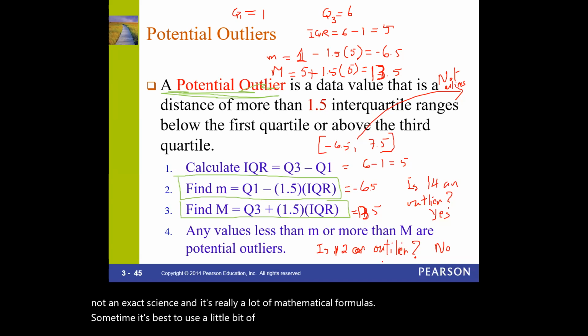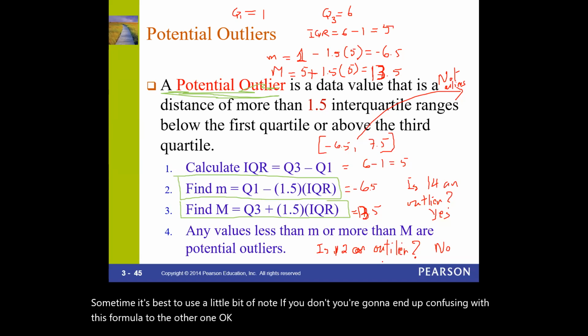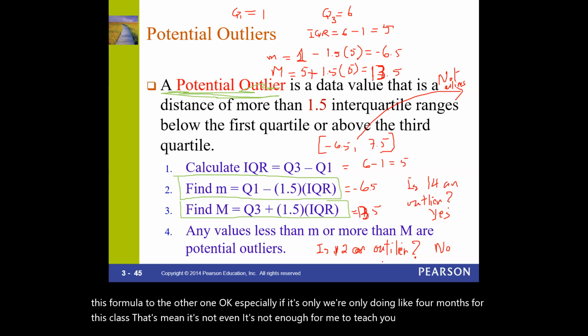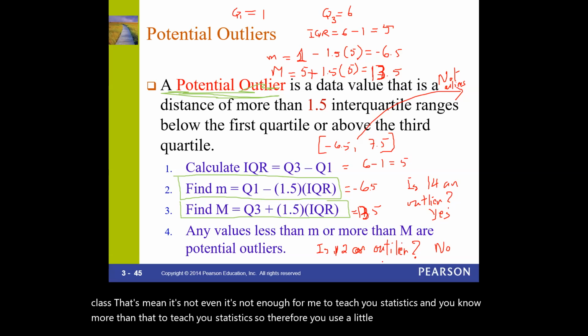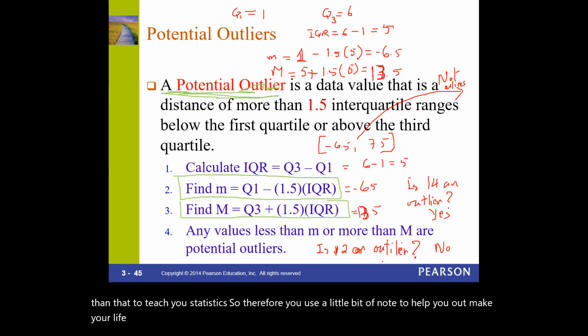If you don't, you're going to end up confusing this formula with the other one, especially since we're only doing 4 months for this class. That's not enough for me to teach you statistics. So you use a little bit of notes to make your life simpler. Take 2 or 3 sheets of notes and put them in before I take the exam.